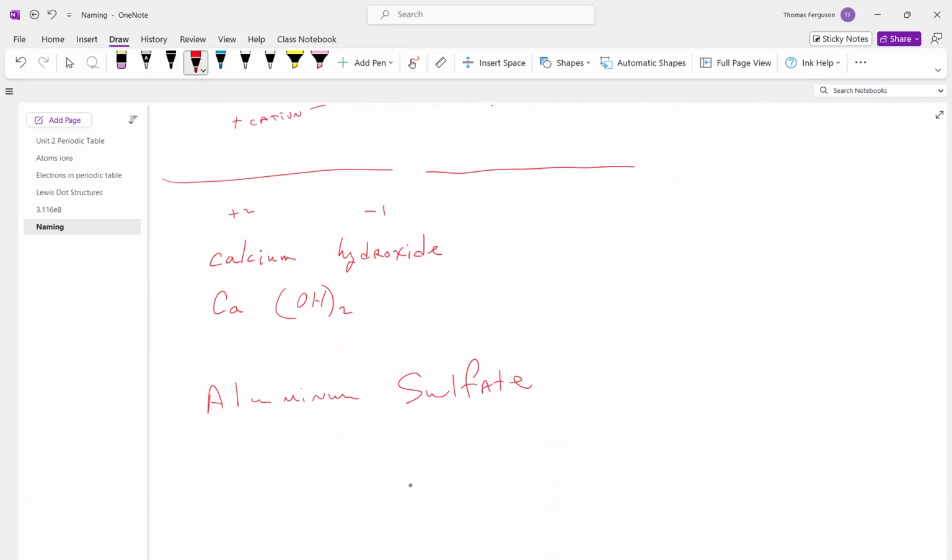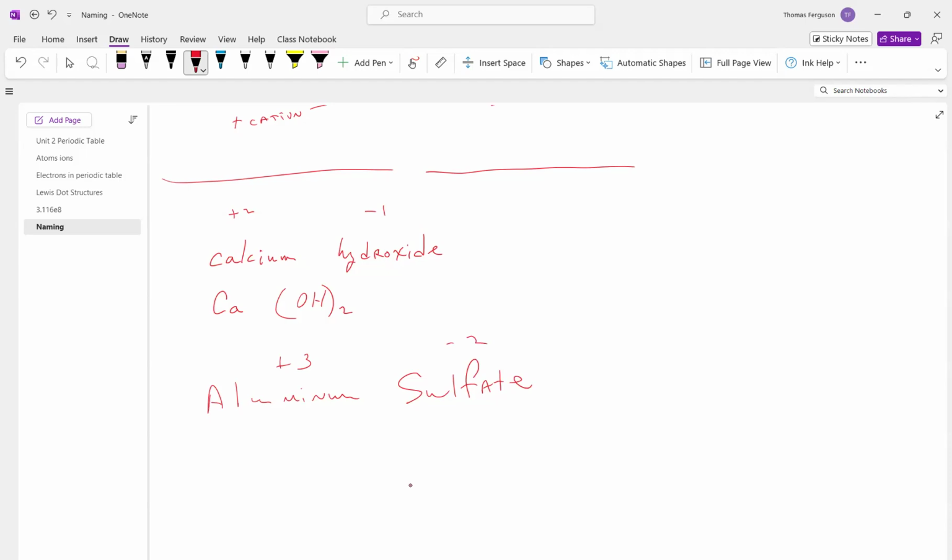Let's look at aluminum sulfate. Okay, so what's the charge on aluminum? +3. What's the charge on sulfate? On the right, in the middle, -2.